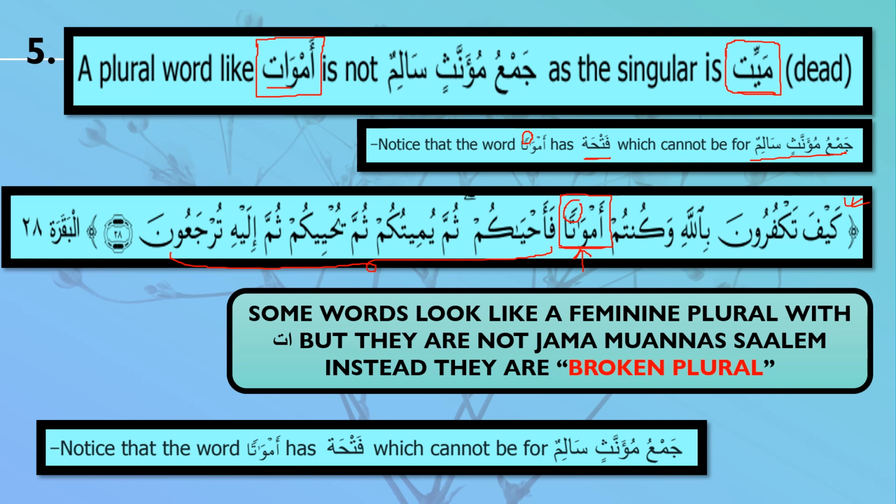فَأَحْيَاكُمْ ثُمَّ, and as we have done the rules of fa and thumma, do you remember? Fa comes when you were nothing, He gave you life. Immediately there is a life, a time period from life till death. So as you know, the harf thumma came. That means there is some time period, one happening, and there is some time, and then the other thing happens.